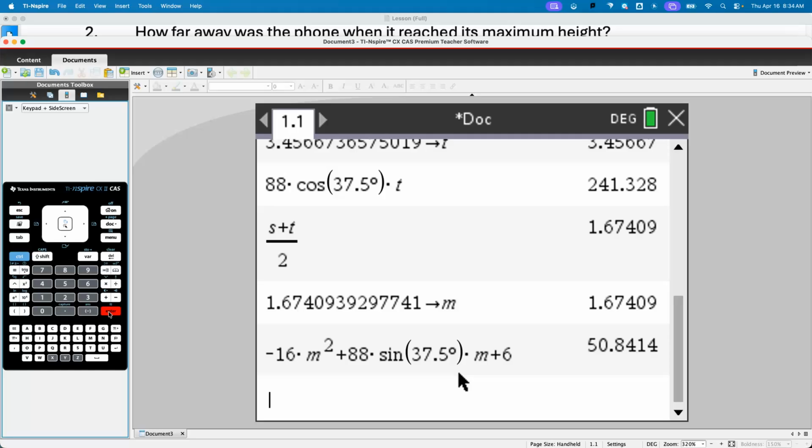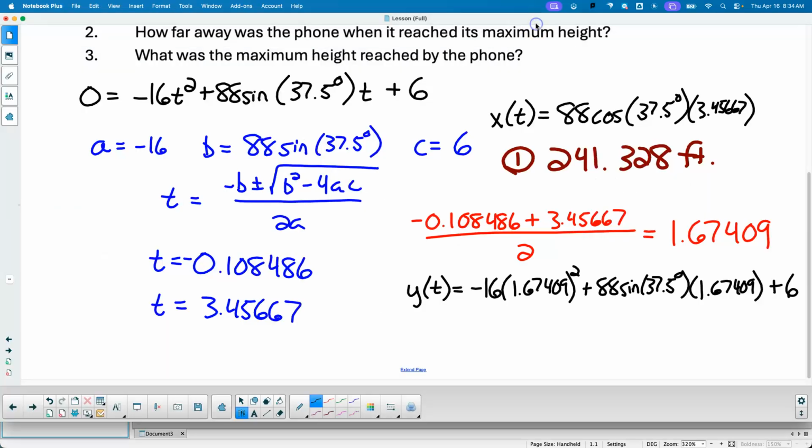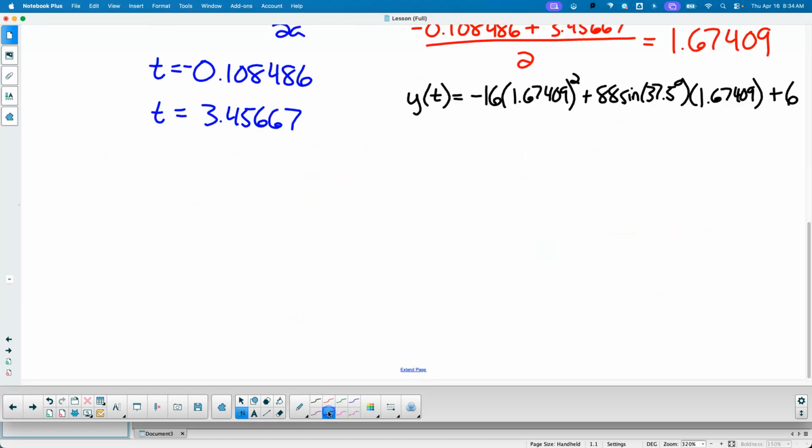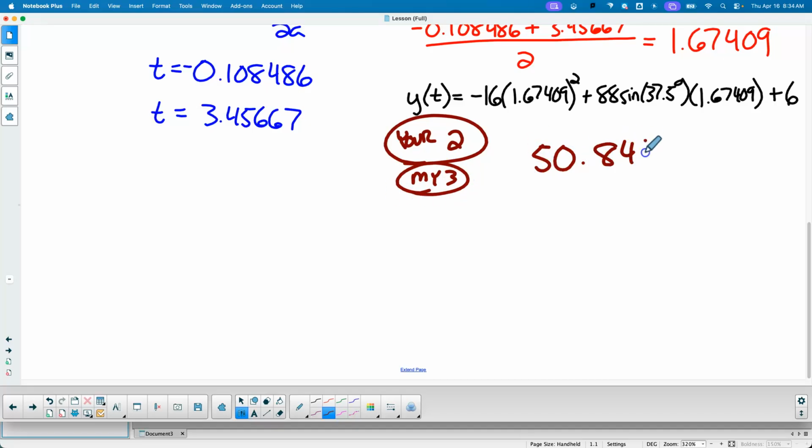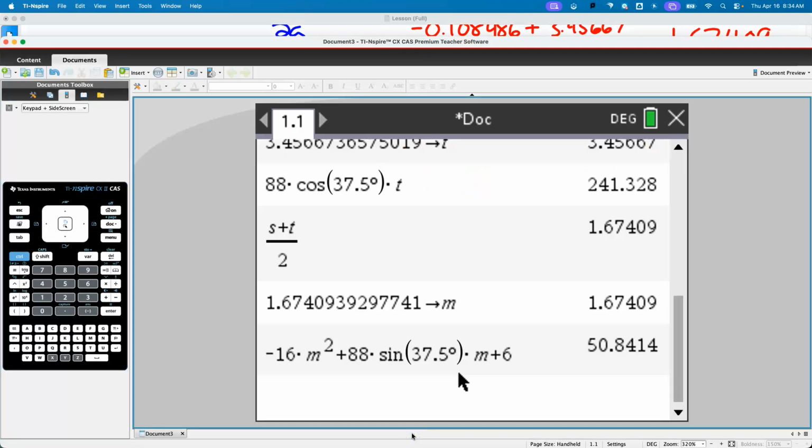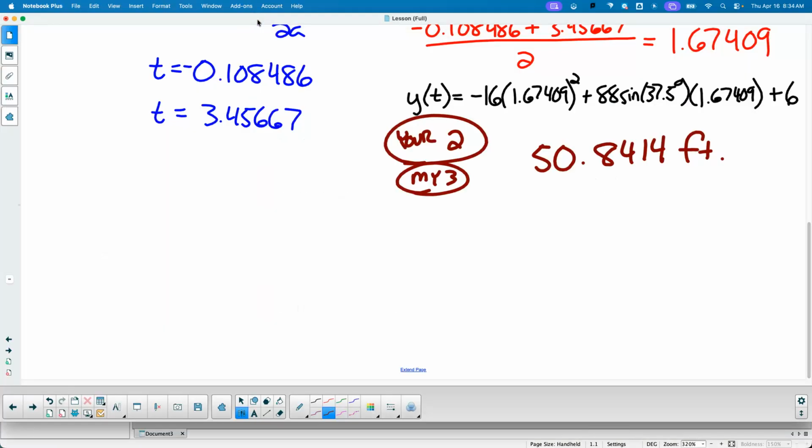That gives 50.8414. Right? Yep. Okay. So that was your number 2, my number 3. And that's the maximum height that the phone gets, yes.